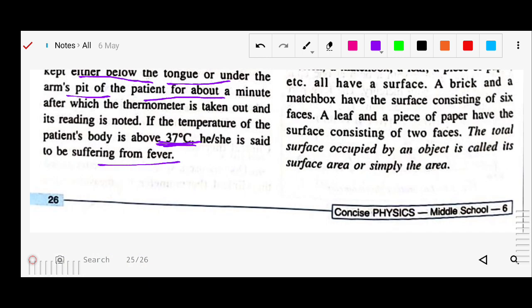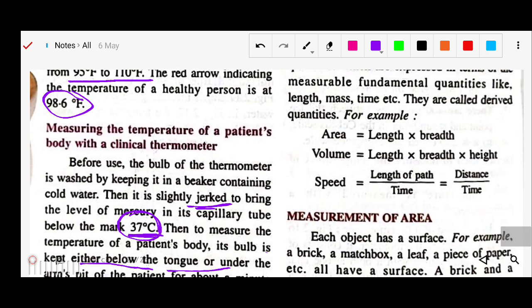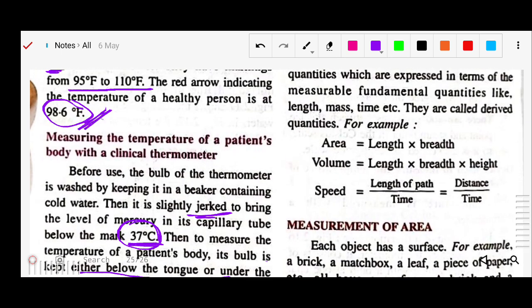If the temperature is more than 37 degrees Celsius, or in Fahrenheit more than 98.6 Fahrenheit, then we say the patient has fever, right?